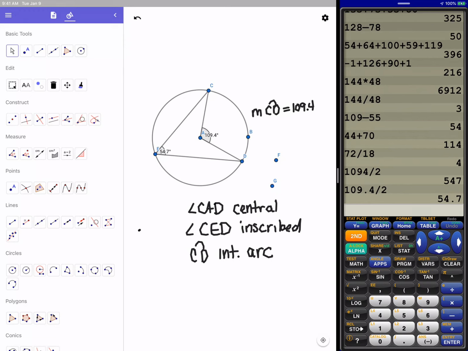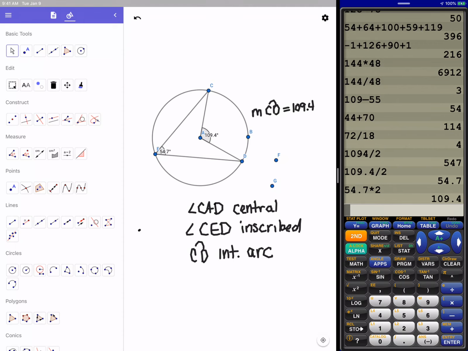So the inscribed angle is half of the central angle's measure, or the intercepted arc's measure. Another way of saying that is if you take the inscribed angle, 54.7, and multiply by 2, you should get the central angle, or the intercepted arc's measure.